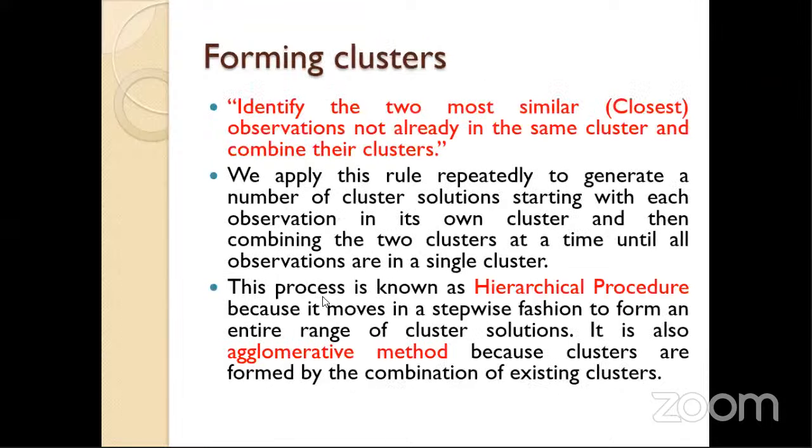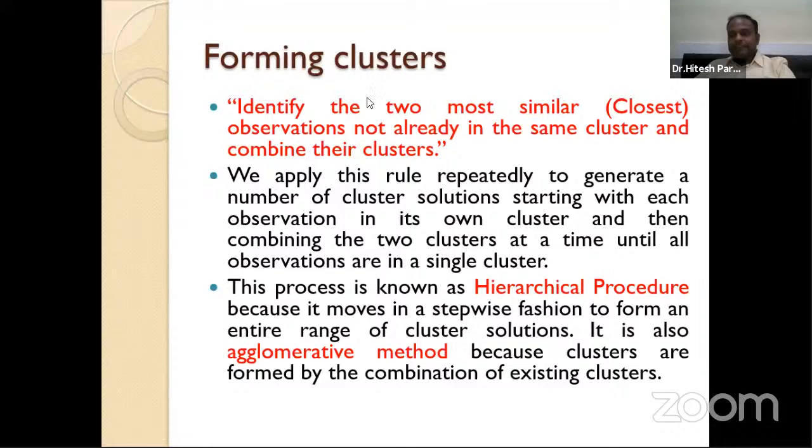Now moving further, the process is like this. Identify the two most similar or closest observations not already in the same cluster and combine their clusters. So just identify the minimum distance and combine these two observations into a cluster.